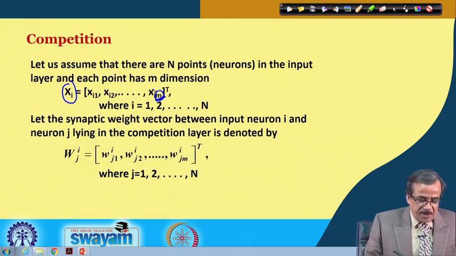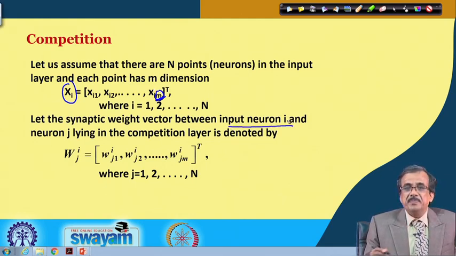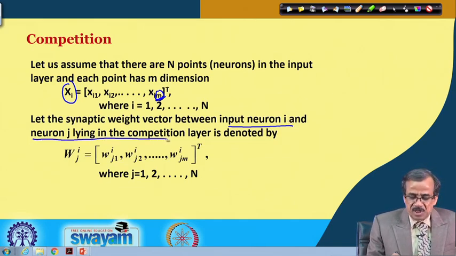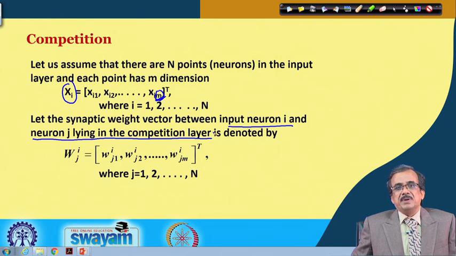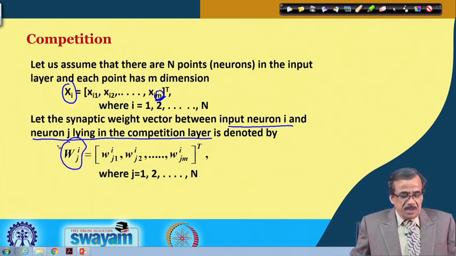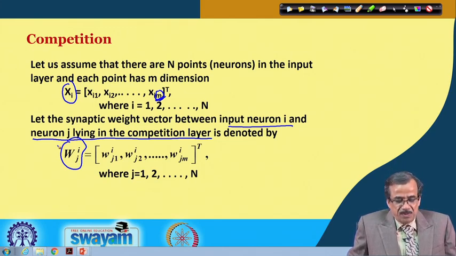Now, to carry out the competition, what we do is we generate at random some connecting weights between the input neuron i and the neuron j lying on the competition layer or output layer. We generate some connecting or synaptic weight, denoted by Wji. If you want to generate this Wji, the first thing you will have to do is decide its dimension.